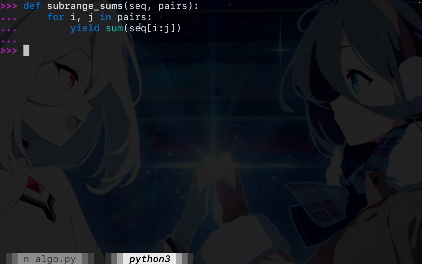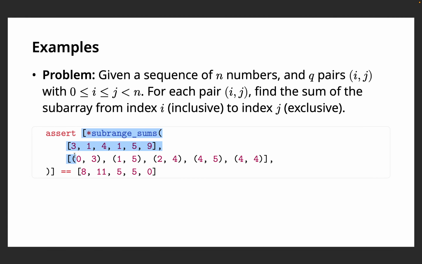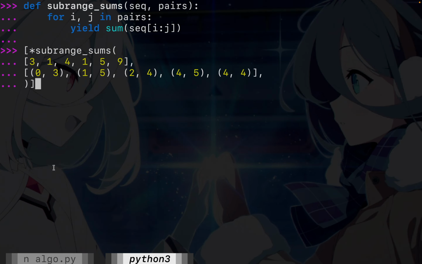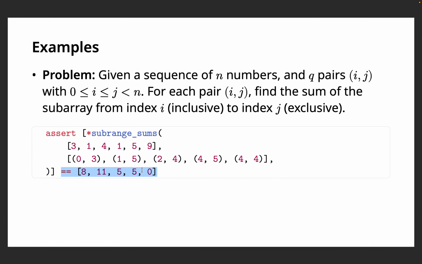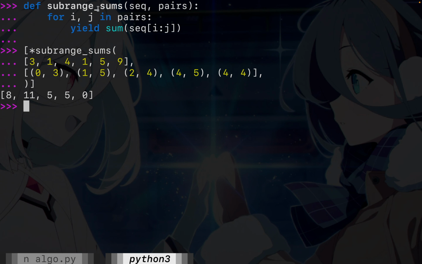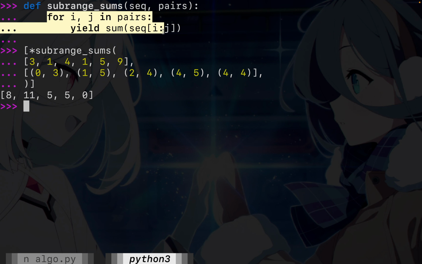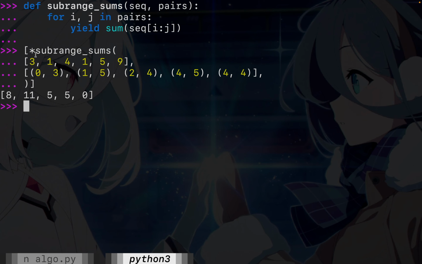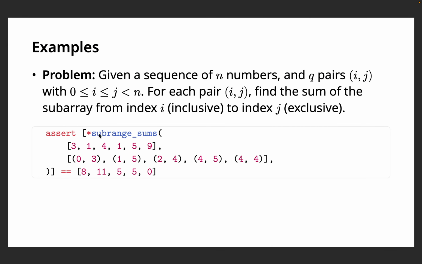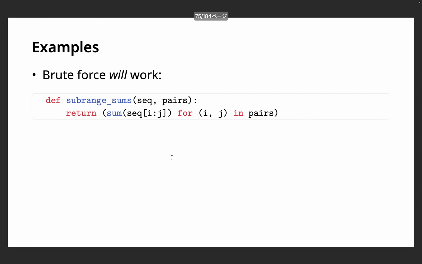And that's literally it. So if I try to get this now, this will give me the output that I want here. As you can see, just literally doing what the problem asks you to will already give you a correct solution. But the question now is, is this a fast enough solution? This is the brute force one.